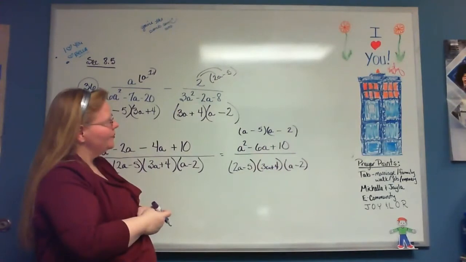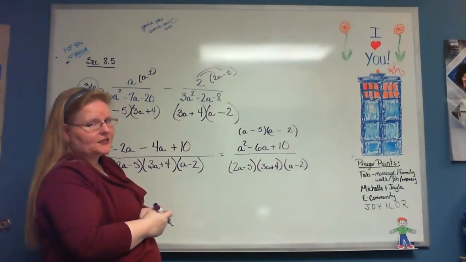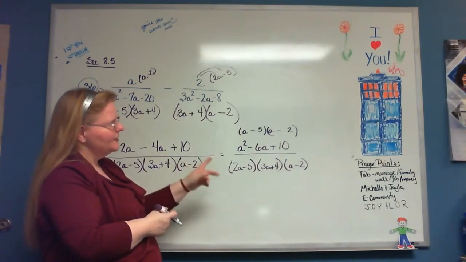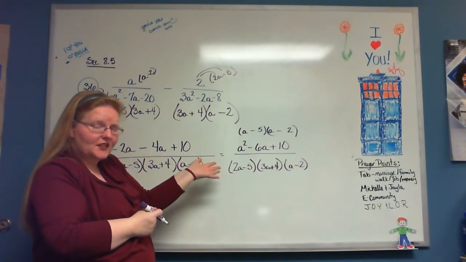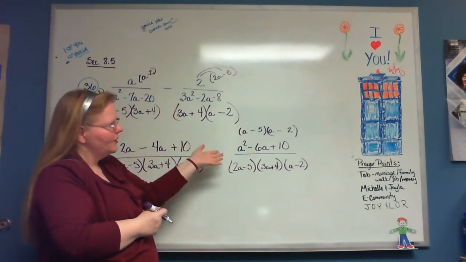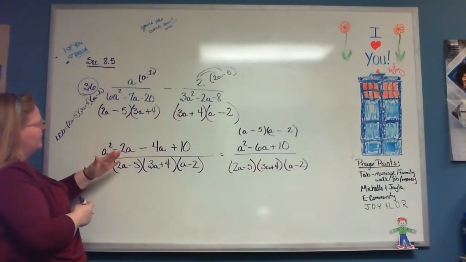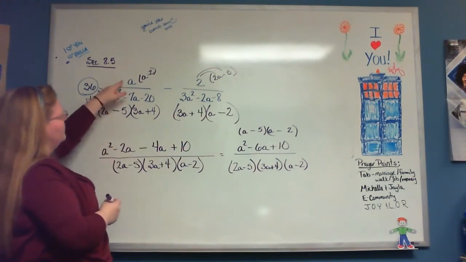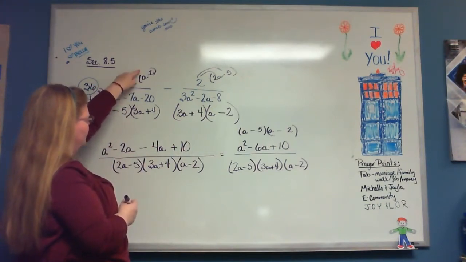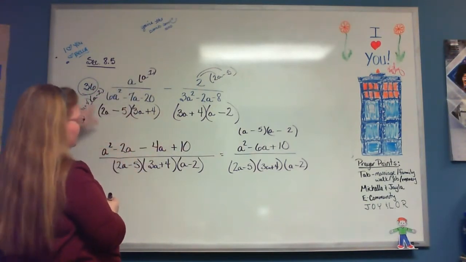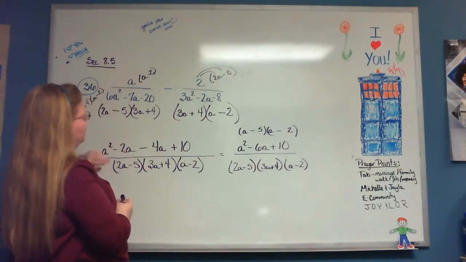Which makes me think, I really kind of want it to be... I wonder if we made a mistake, just because it'd be great if it did cancel out. That's all I'm saying. So I'm going to go back and double check everything. So a times a is a squared. A times negative 2, and it really is negative 2, so a times negative 2 is negative 2a.